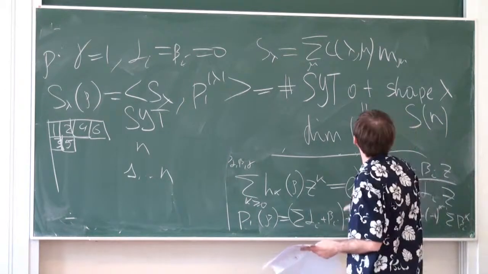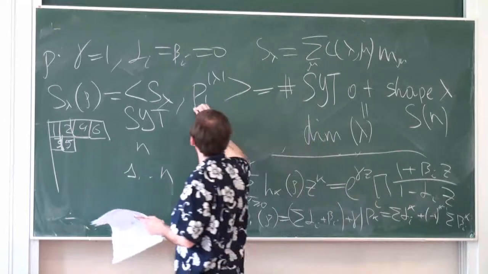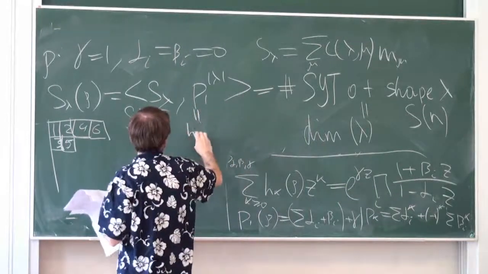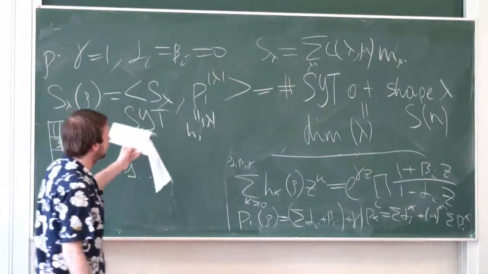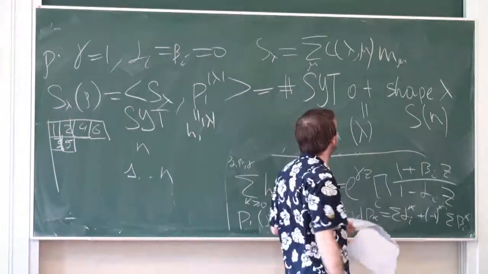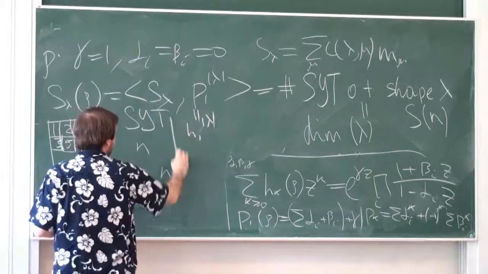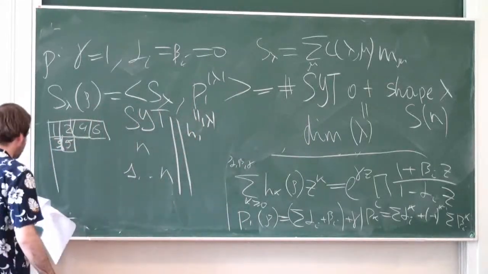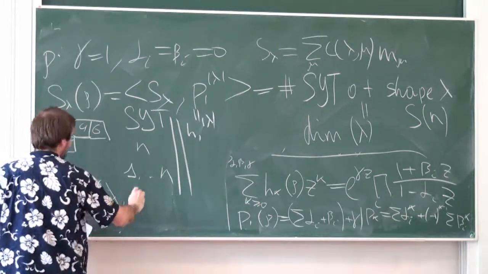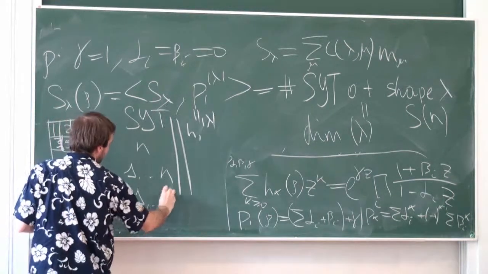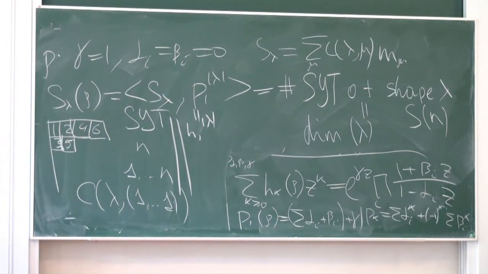But then, since we know that p1 to the power of n is the same as h1 to the power of n, and we know that h functions and m functions are orthogonal, it means that this scalar product is equal to the coefficient C of lambda and the one-column Young diagram, 1, 1, 1.